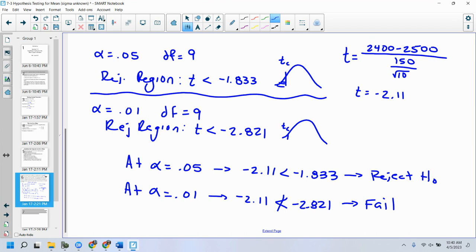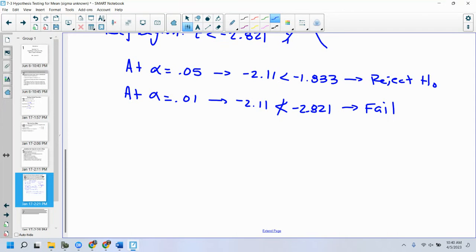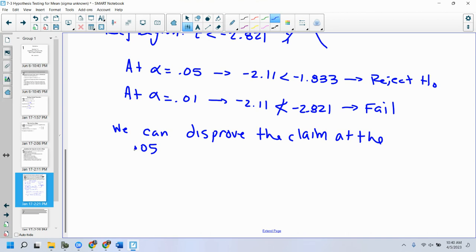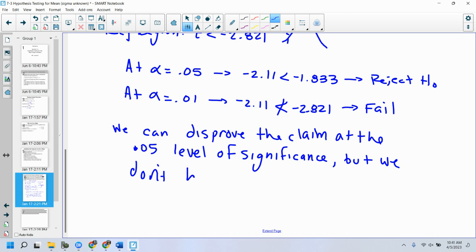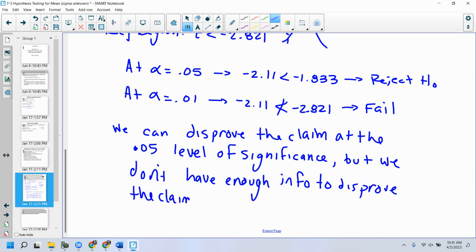So let's make a statement in context. Our statement in context basically says we can disprove the claim at the 0.05 level of significance, but we don't have enough information to reject or disprove the claim at the 0.01 level.